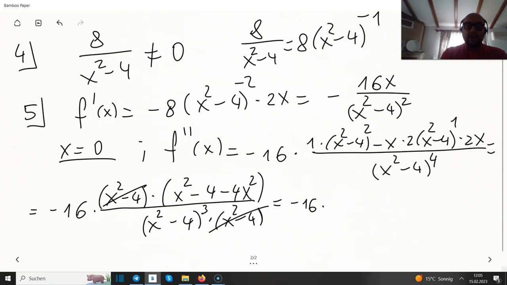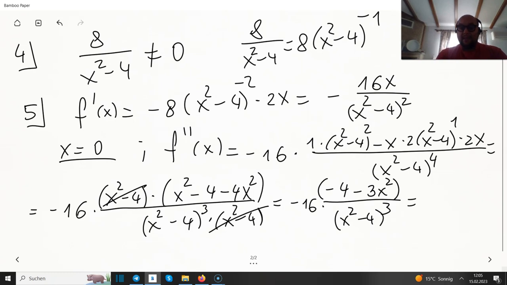And as you can see, we have, okay, let me write it, minus 4 minus 3x squared in the parentheses divided over x squared minus 4 cubed. And we're kicking minus out. And we're multiplying times 16 as well.